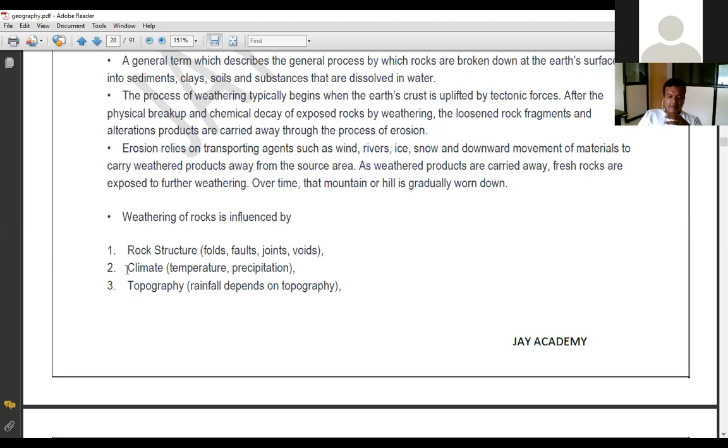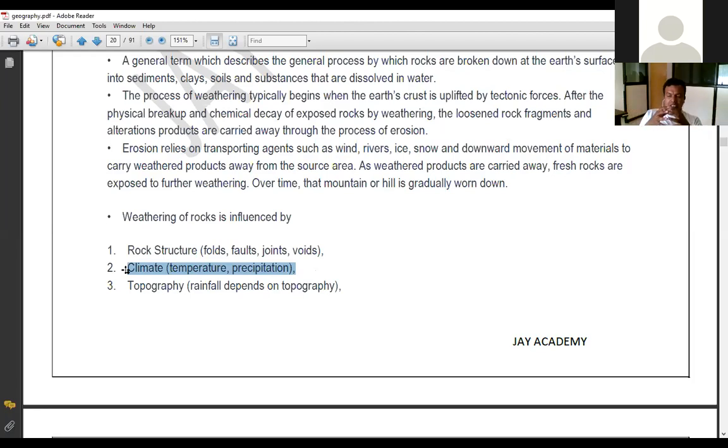Again, the climate is also very important. If there is a wide range between the high temperature and the low temperature, for example in the deserts, the temperature at night is very low and during the day the temperature is very high, right?